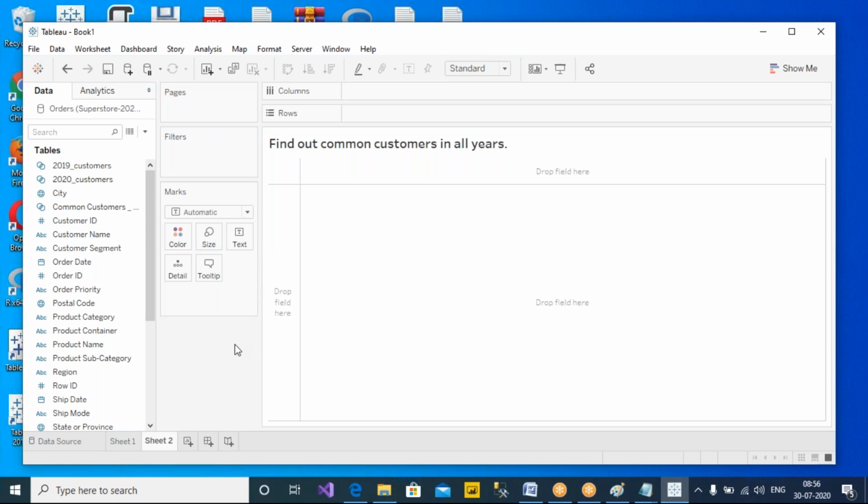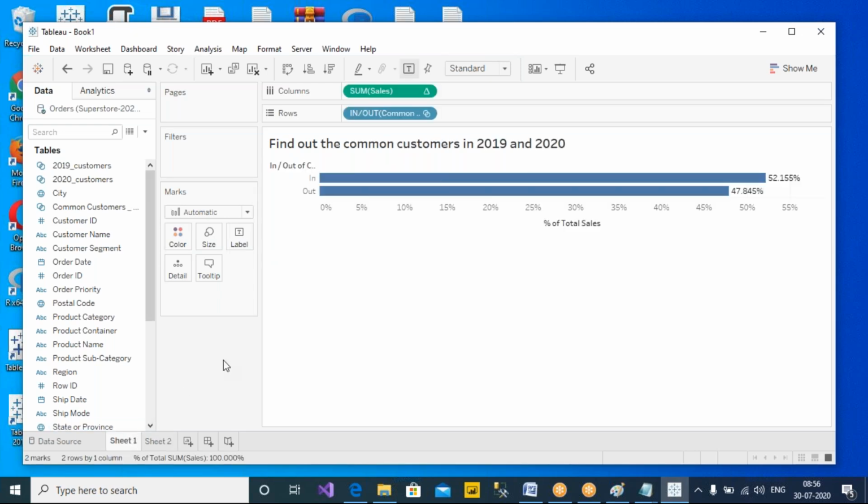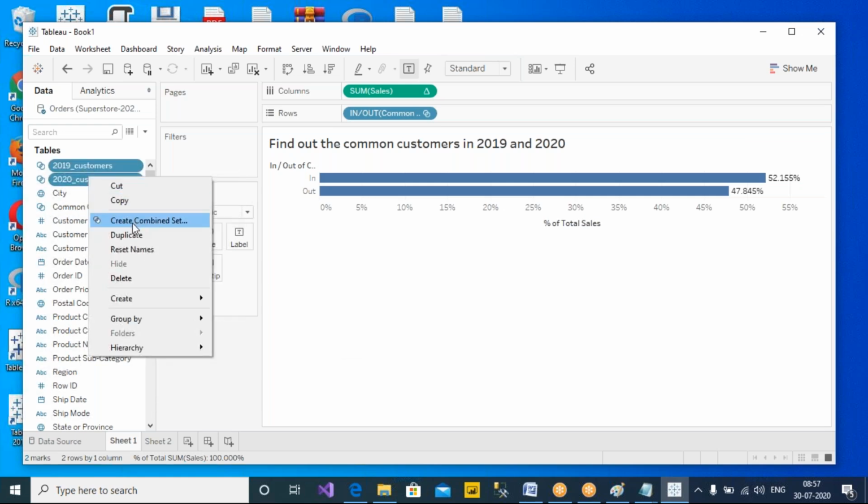Okay, now a few questions to answer here. We have created a combined set, isn't it? And how did you create these sets here? We created a set based on customer name, and we dragged that data to the sheet, and then we created a set. Very good. And when you are trying to combine two sets, you are getting this option, isn't it?